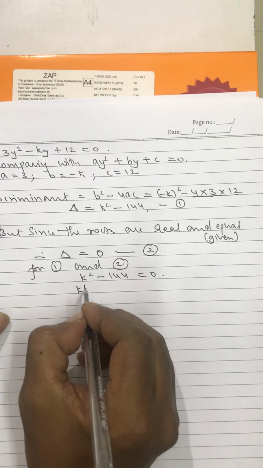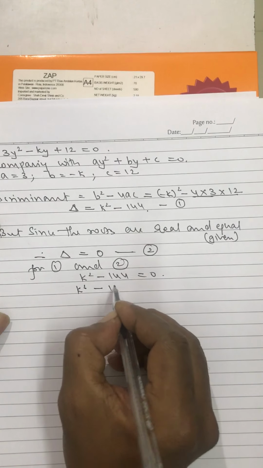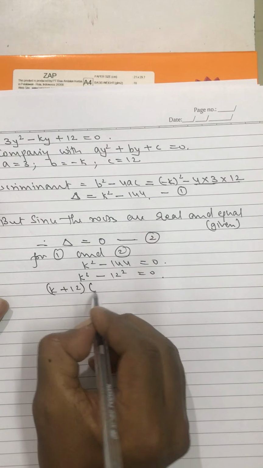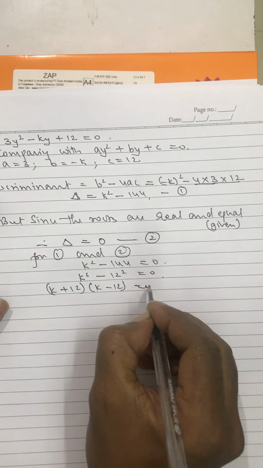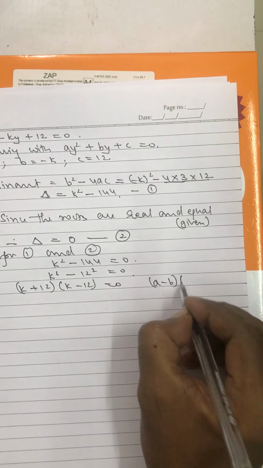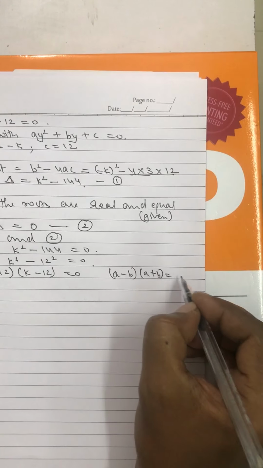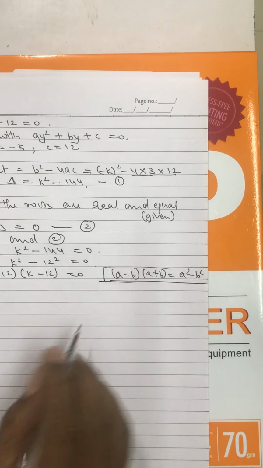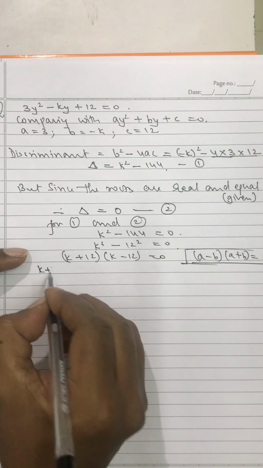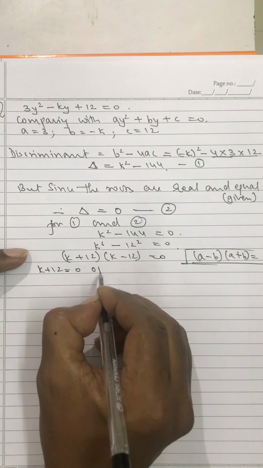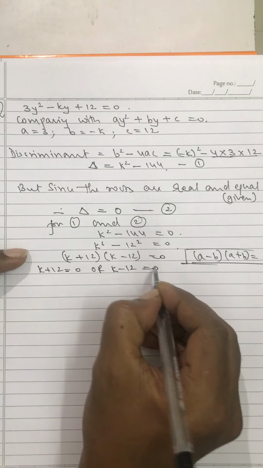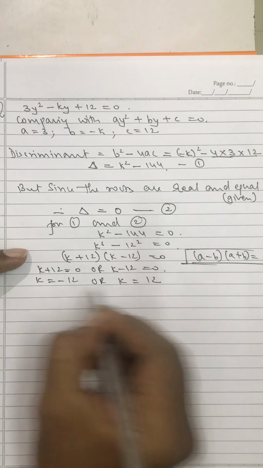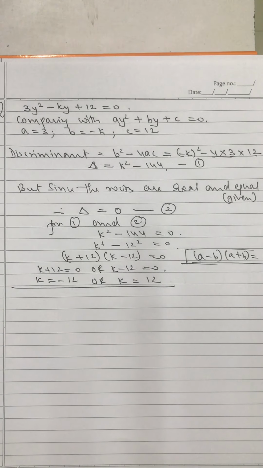You can solve it by the factorization method. K square minus 144 will be k square minus 12 square is equal to 0. K plus 12, k minus 12 is equal to 0, because we know that a minus b into a plus b is equal to a square minus b square. By this formula we have got this. So this will be k plus 12 is equal to 0, or k minus 12 is equal to 0. Therefore k is equal to minus 12, or k is equal to plus 12. These are the values of k. Okay.